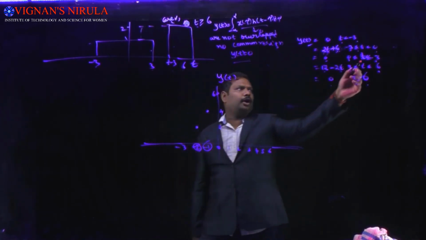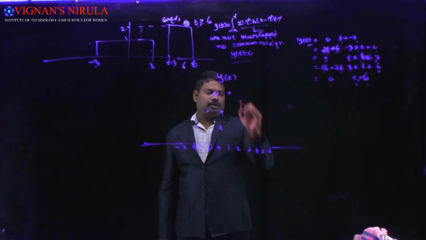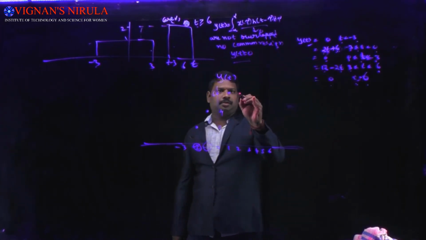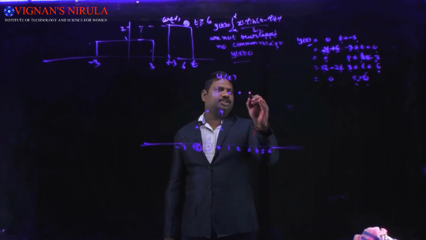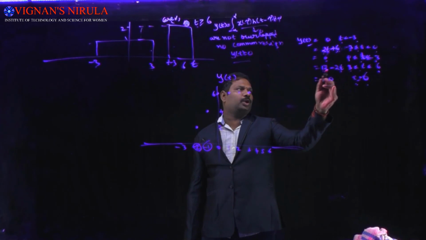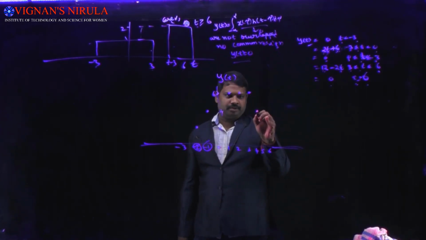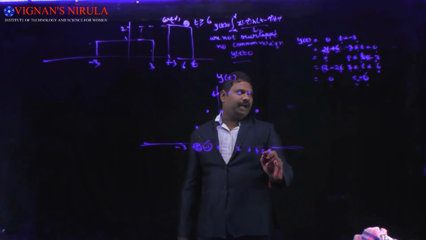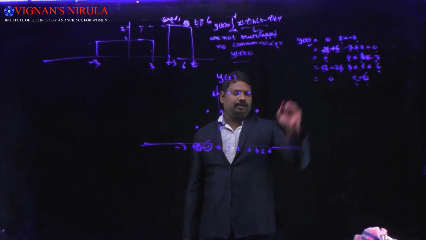Next for 1 also 6. For 2 also 6. Next for 3 also 6. For 4, when we substitute here 12 minus 8, it will be 4. Next when we put 5, 12 minus 10, that will be 2.